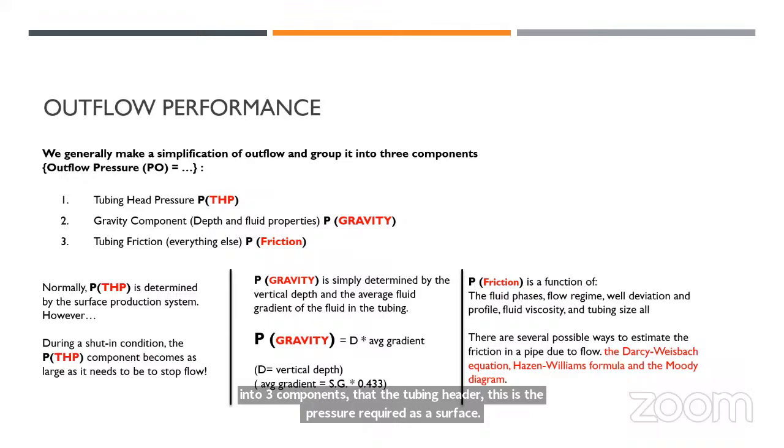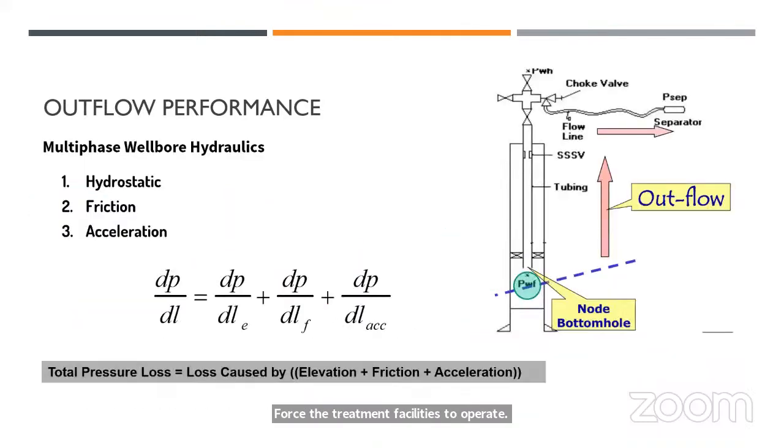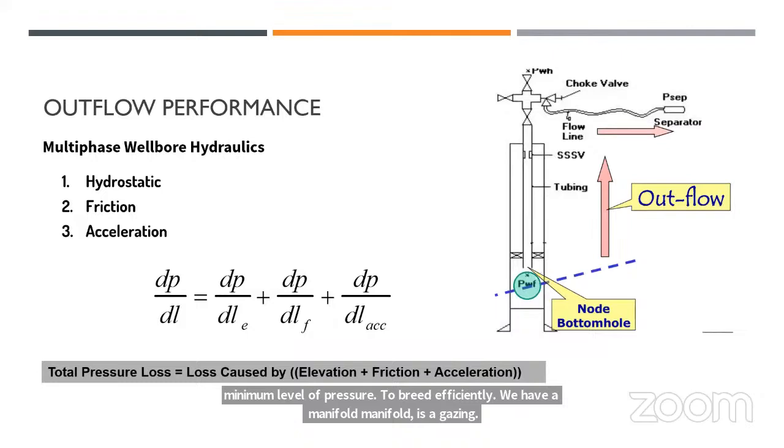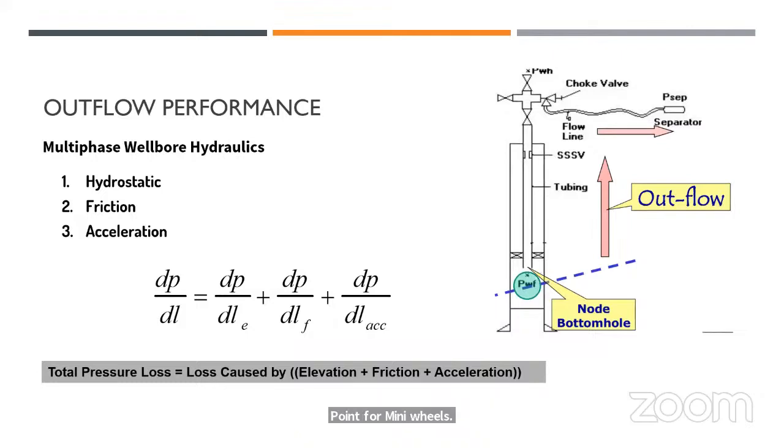In some cases we have a separator, but this separator needs a minimum level of pressure to operate efficiently. Maybe we have a manifold, which is a gathering point for many wells. This manifold requires a certain pressure from this well to operate. So if the fluids come up with a pressure below this point, the well might not produce efficiently.